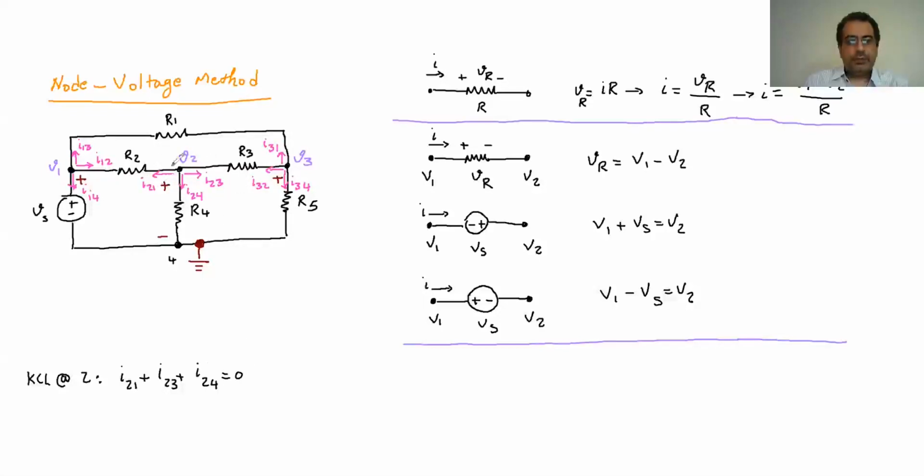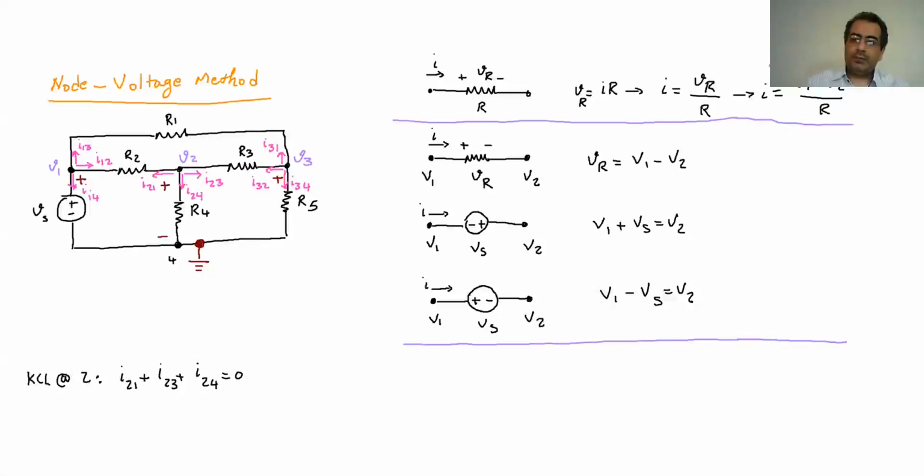If everything is leaving and I add all of them together, it should be 0. And this is what the KCL says. Because all of them are leaving, all of them are going to have the same sign. You can have all of them as negative or all of them as positive. It doesn't matter. It's just easier to write it this way.